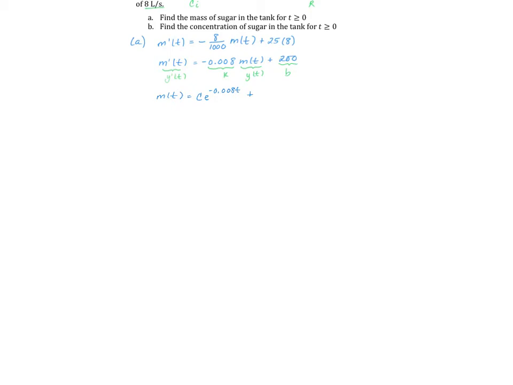So 200 over the 0.008 should turn into 25,000.